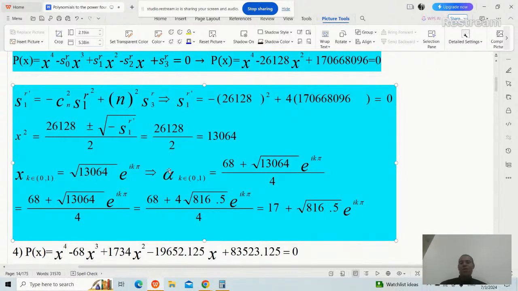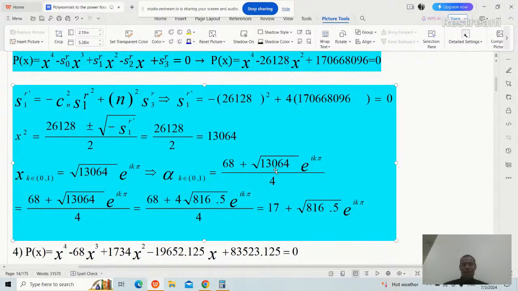To get the roots of the original polynomial, you should write alpha. The exact root is alpha subscript k, k belonging to 0, 1, equal to 68 plus xk, divided by 4, because the highest power is 4.